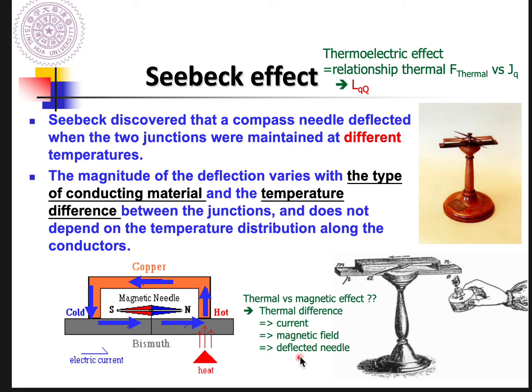So the degree or magnitude of the deflection depends on how much current is generated. So this effect is actually a thermal electrical effect, because a thermal difference causes an electrical current. So we call it the thermoelectric effect.